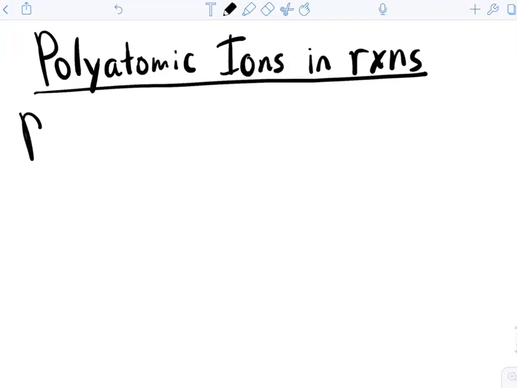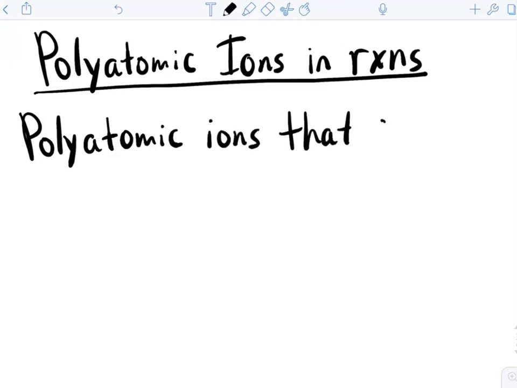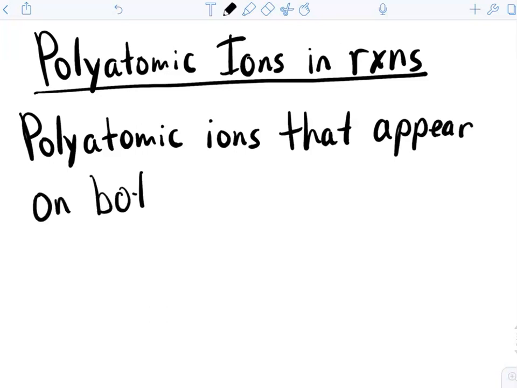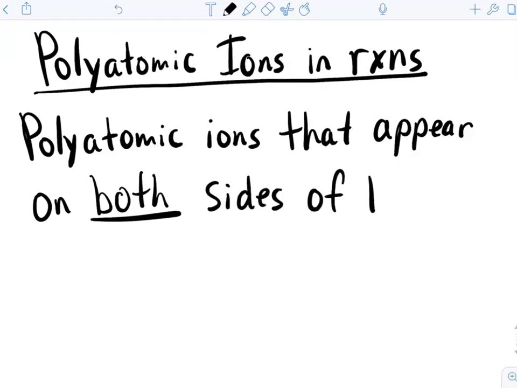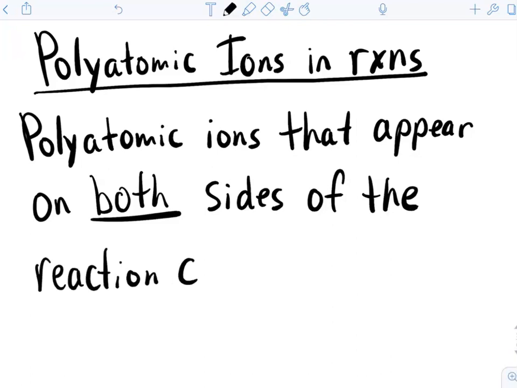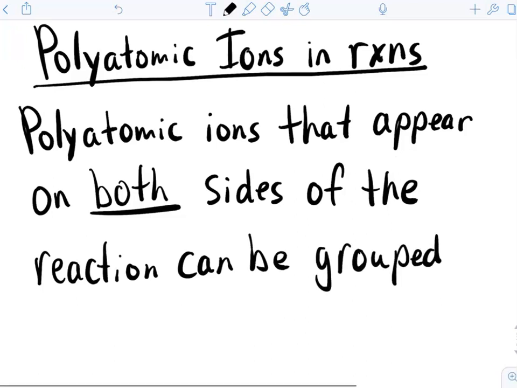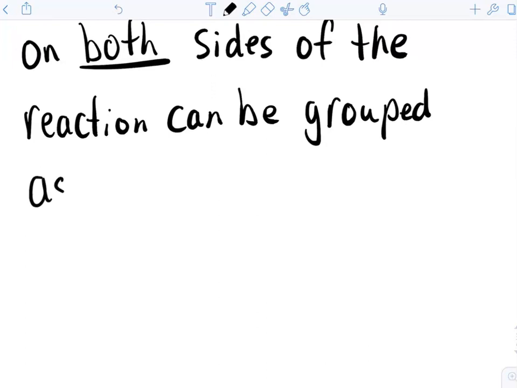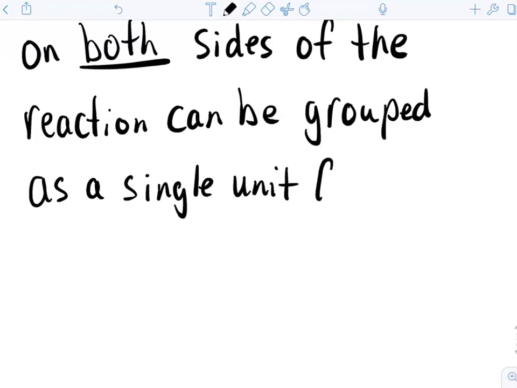Polyatomic ions that appear on both sides of the reaction/equation can be grouped as a single unit for balancing.